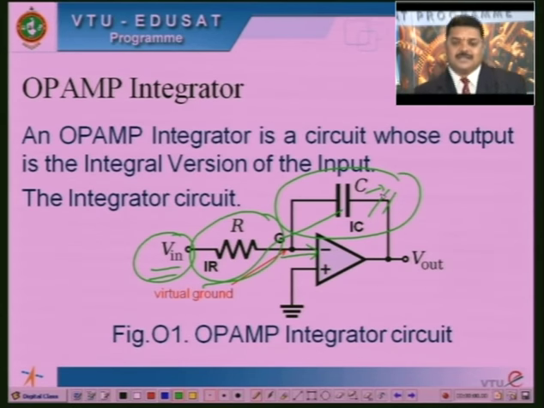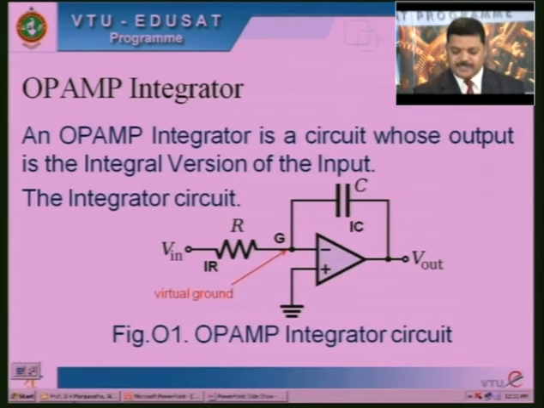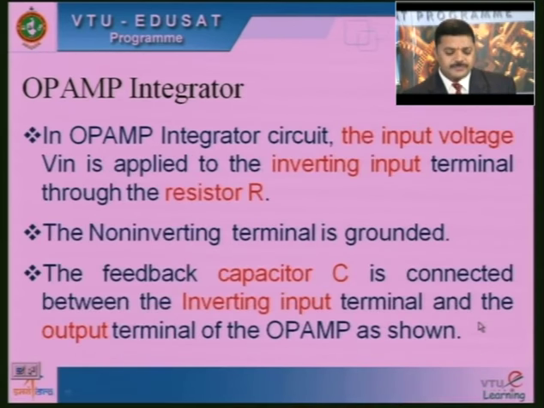Let us move on to the circuit details. In the op-amp integrator circuit, the input voltage Vin is applied to the inverting input terminal through the resistor R. That is what I told you.